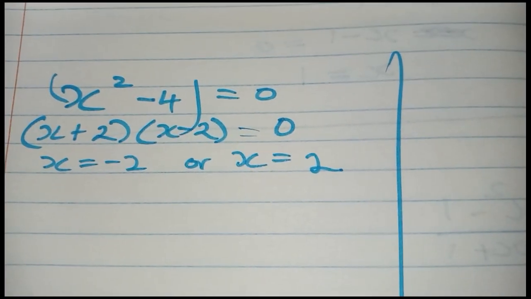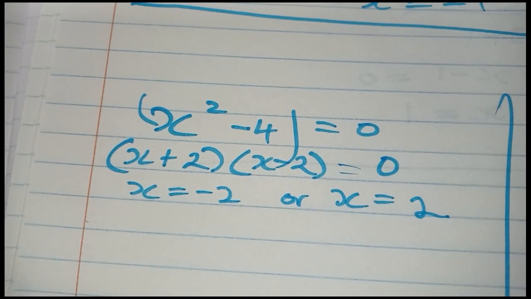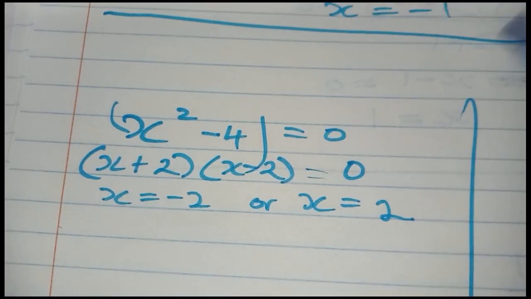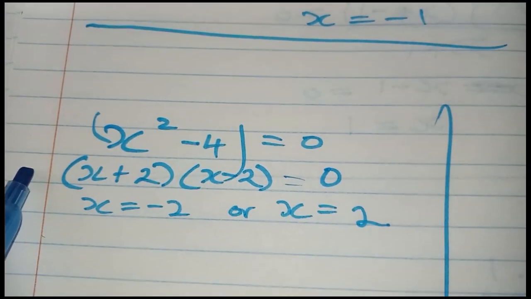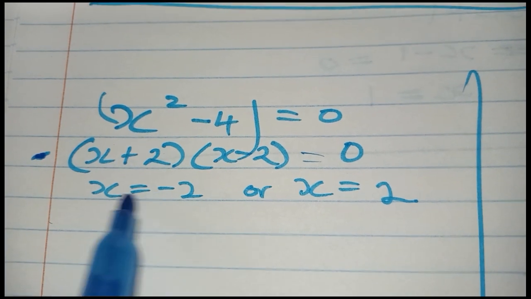So there you go, you have solved and you have factorized, right? So the factorization part is this part, by the way, and once you get here you are now solving.